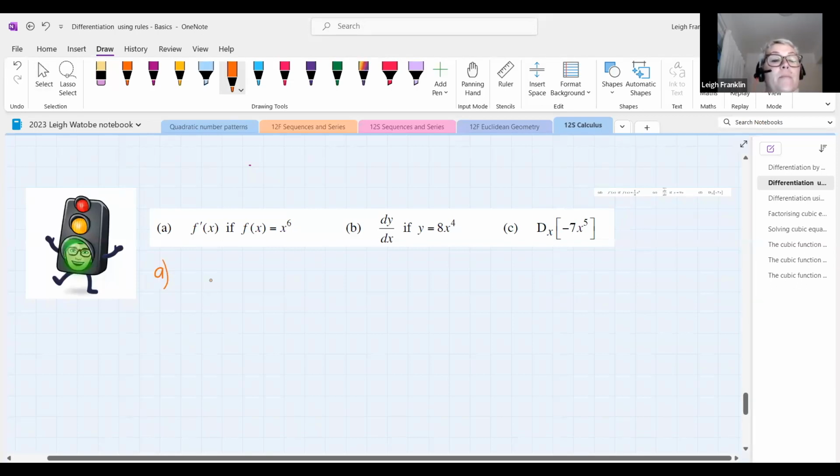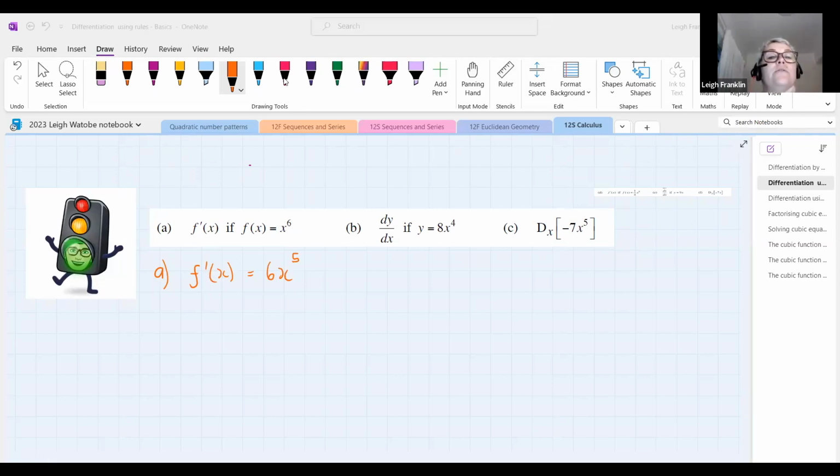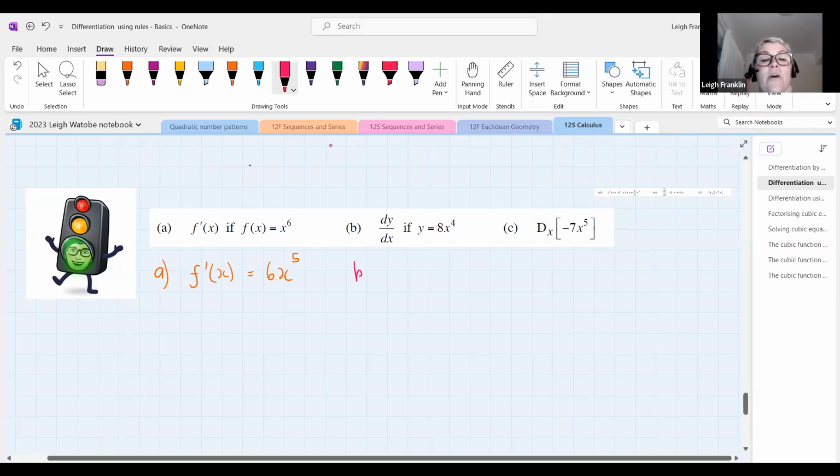At A, ma'am, I wrote F prime is equal to 6x to the power of 5. Beautiful. 100%. Well done.